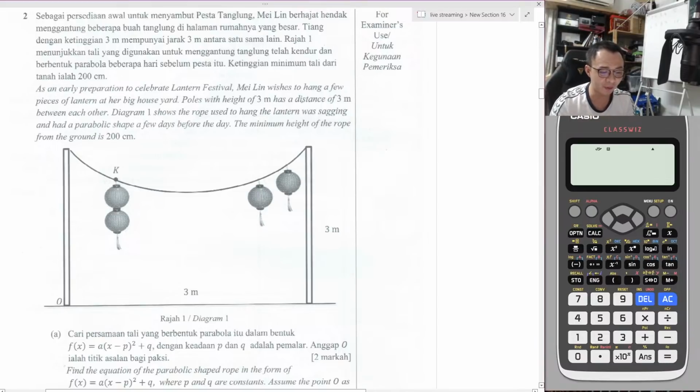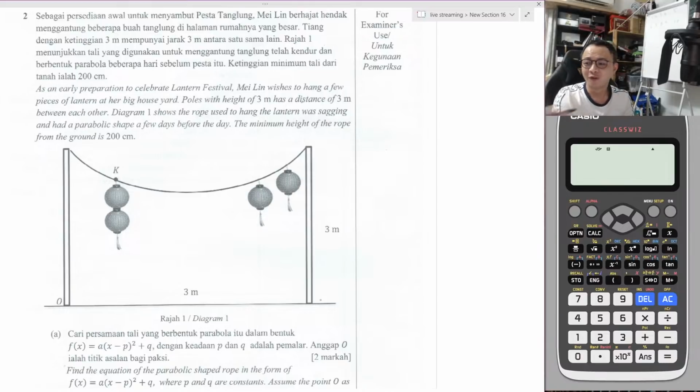So we know the height of the pole is 3 meters, and the distance between 2 poles is basically 3 meters as well. Diagram 1 shows the rope used to hang the lanterns sinking in a parabola shape a few days before the festival. The minimum height of the rope from the ground is 200 centimeters.